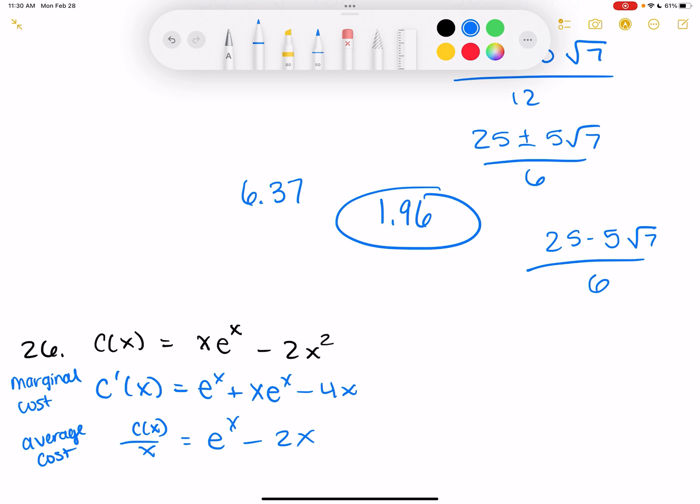So C prime of x is equal to C of x over x. Or, well, that's the way they have it written.